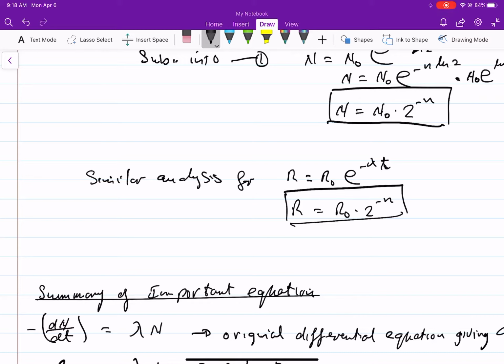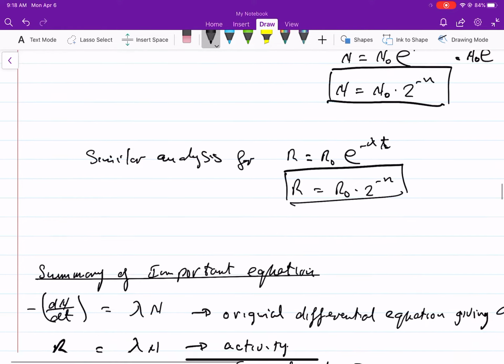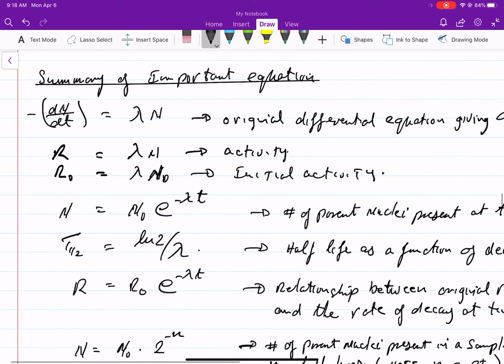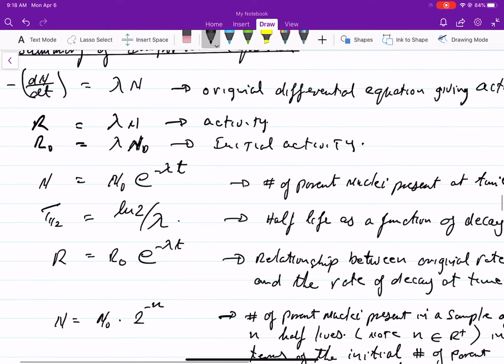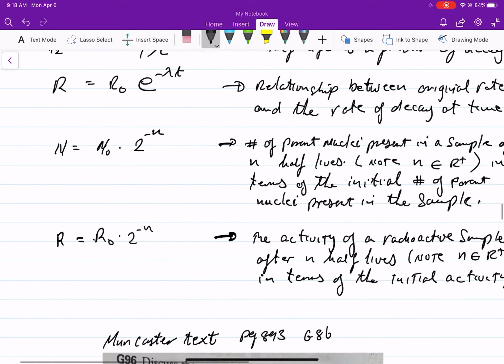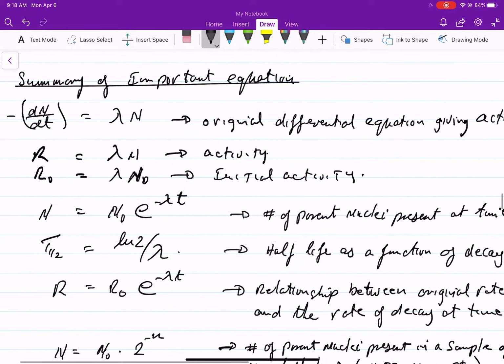So, we have a lot of nice equations that we can use to our advantage, and I've summarized them all at the bottom here. And they're all quotable. You can quote them and use them to your advantage. Let's start off. I'll just read them back.